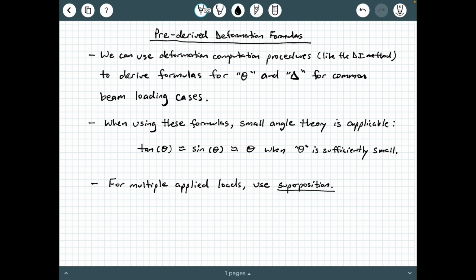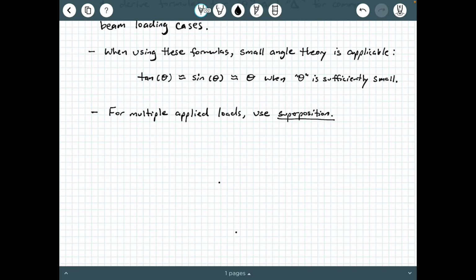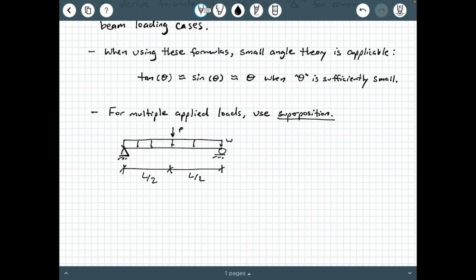So for example, let's say that you have a simply supported beam and you've got a uniformly distributed applied load W and you have a point load P, okay? And let's say that point load P, just for simplification, is at L over 2, all right?